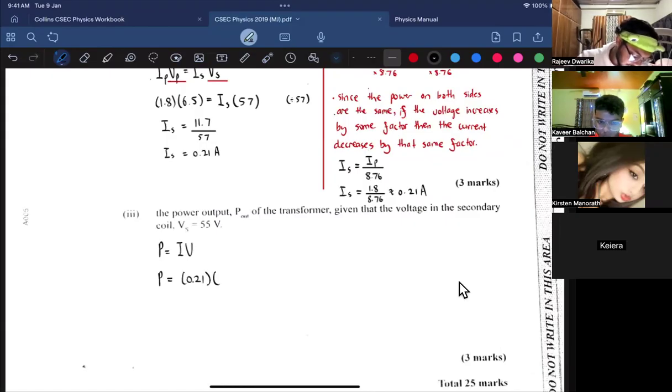And where's the voltage in the secondary? 55. What is 0.21 times 55? That should be around 10 or 11. 11.55. What is the unit for power? Watts.